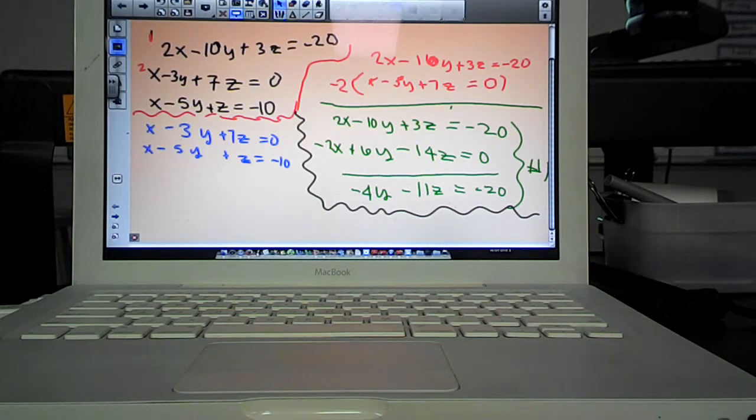And now we're going to multiply using the red. So we're going to have to multiply both of these by 2 and -2.